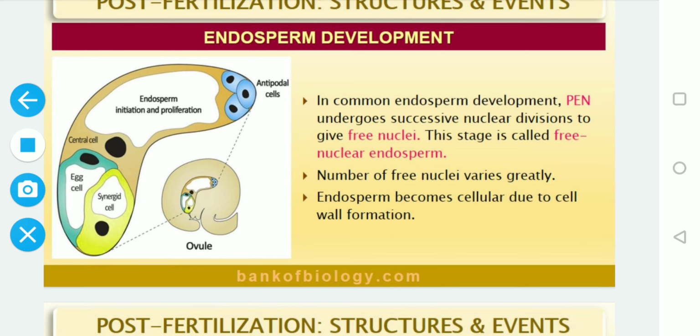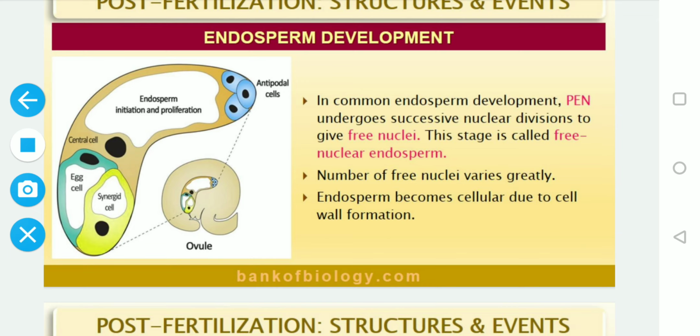That is, in the beginning stage it is not found on the surface; it is floating in the liquid. Then it is considered as free nuclei. This stage is also called free nuclear endosperm formation. Still, it is not yet settled on the inside wall. Then it is considered as a free nuclear endosperm.